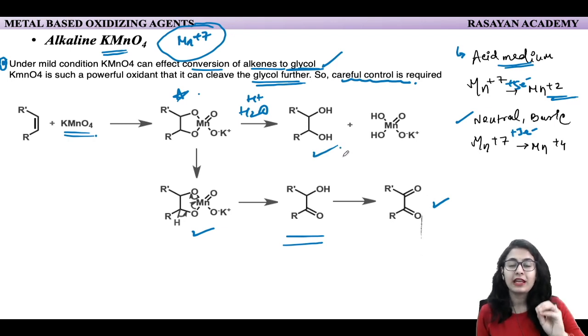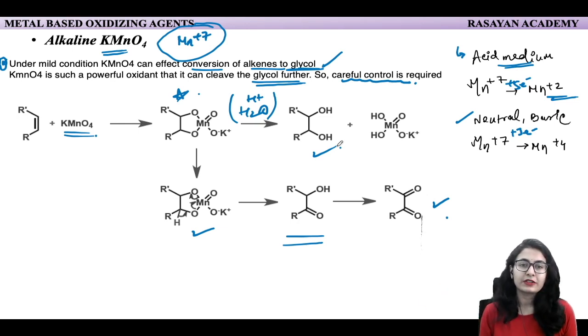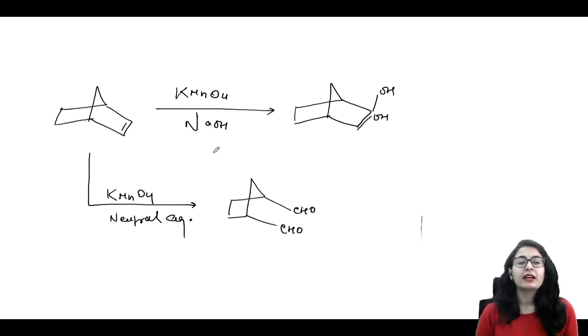So you have to be very careful in carrying out these two processes, because it's very easy for the manganese to do this kind of oxidation. So in the acidic medium, you are going to get this kind of a diol. Otherwise, in the basic neutral medium, it will give you overoxidation. ठीक है, अब मैंने आपको बोला इसको याद रखो, why, because this will help in understanding stereochemistry. जैसे कि ये molecule है norbornene system, it's the norbornene molecule.